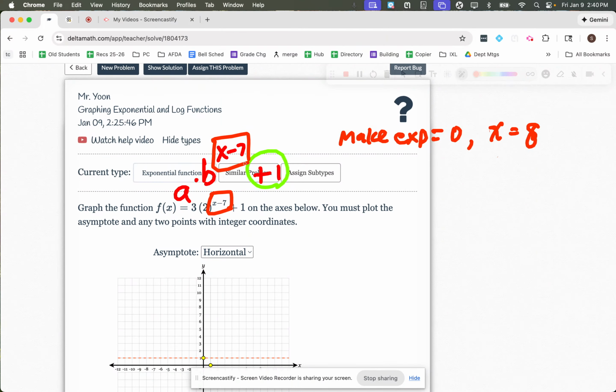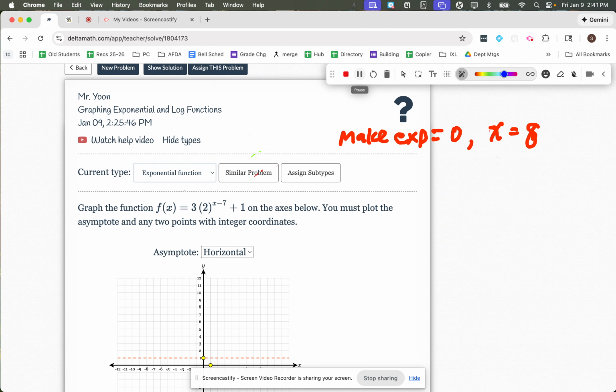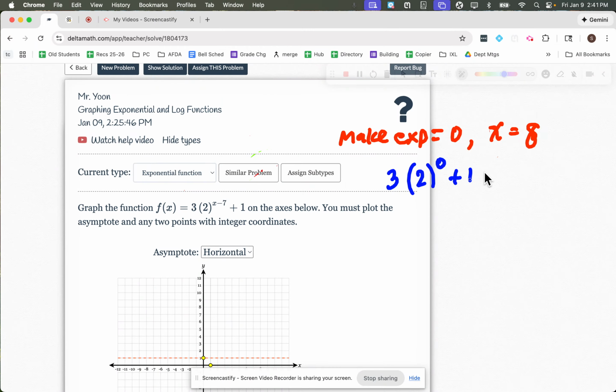And when x is 8, let's calculate the y. We're getting 3 times 2 to the, well, now it's 0, plus 1. That's our y. Well, 2 to the 0 is 1.